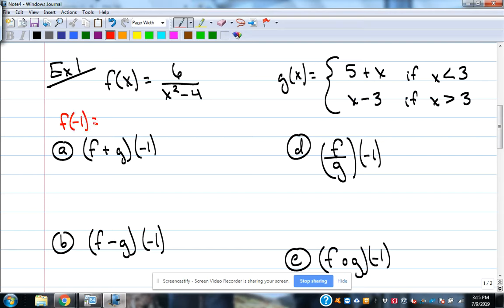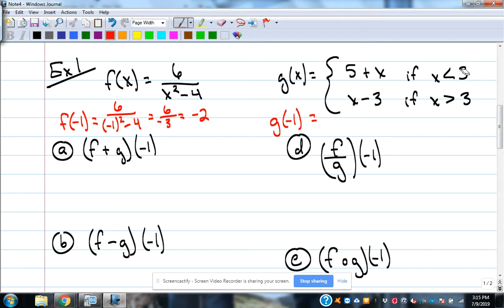The f of x is the easiest one to find because there's only one piece to plug into. So you plug in -1: 6 over (-1) squared minus 4. (-1) squared is 1. 1 minus 4 is -3. So 6 divided by -3 is -2. For g of -1, we need to find out which one of these inequalities -1 fits in.